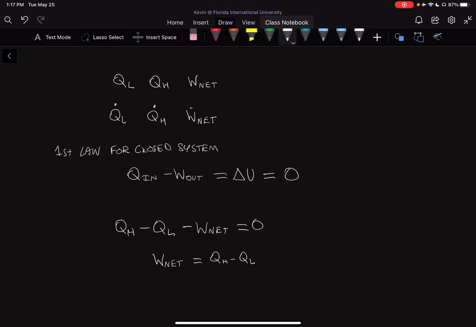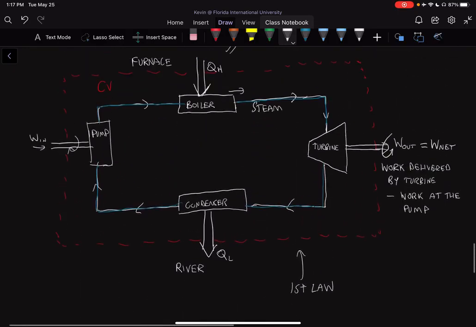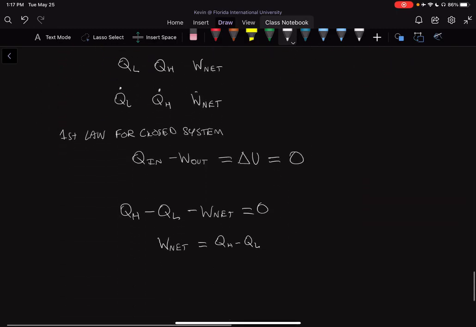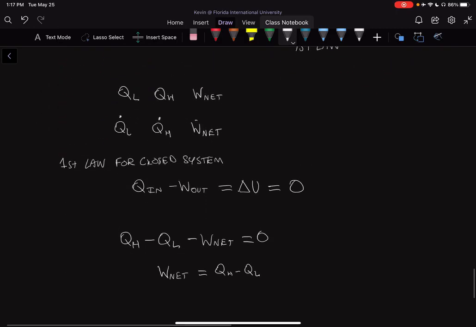So from a very simple analysis of the first law, not looking at specific turbine or specific condenser, pump, or boiler, just looking at the system as a whole, we've developed an equation that says that work net is equal to QH minus QL from the first law.